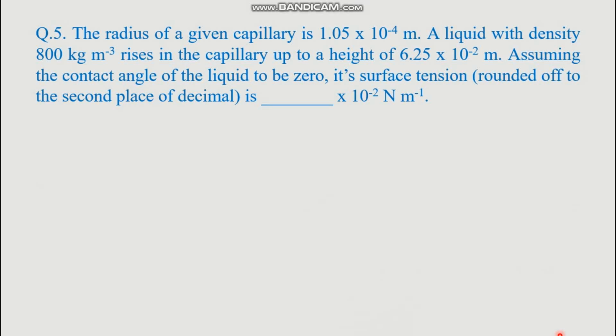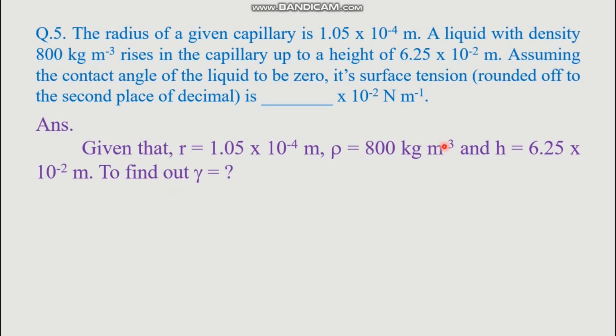Assuming the contact angle of the liquid to be 0, what is its surface tension? In the same way, after rounding to the second place of decimal and giving 10 to the minus 2, you have to calculate this in Newton per meter. What's the answer?